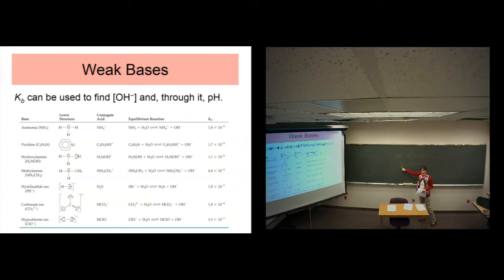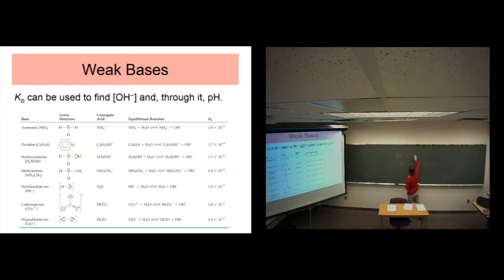OH minus. Now, when we were doing the acid, we did not have to add water. We could have written it just HA, acid donates a proton and leaves the anion. But how about a base? Not for base. Why not?